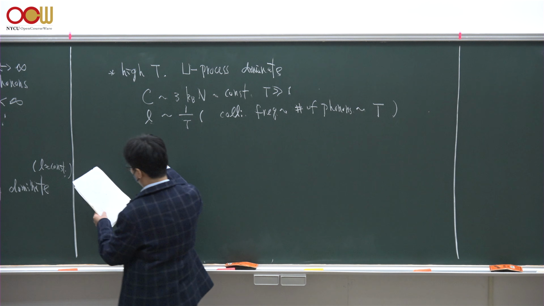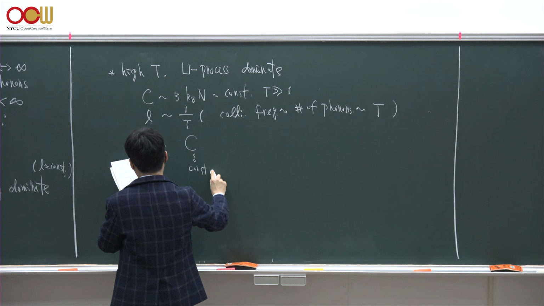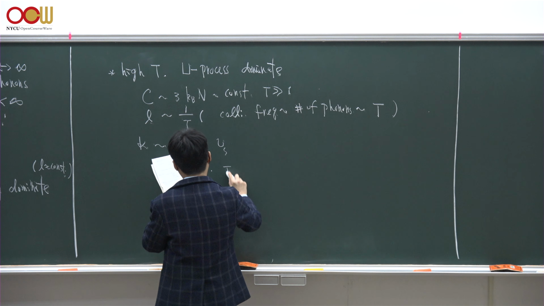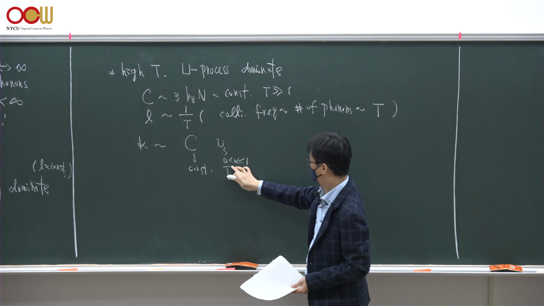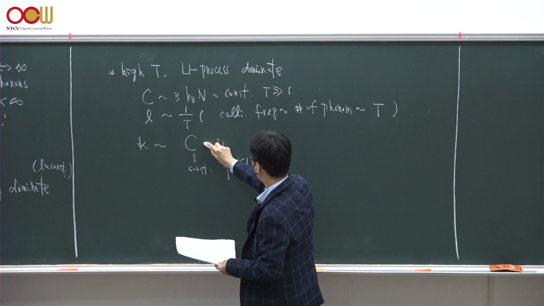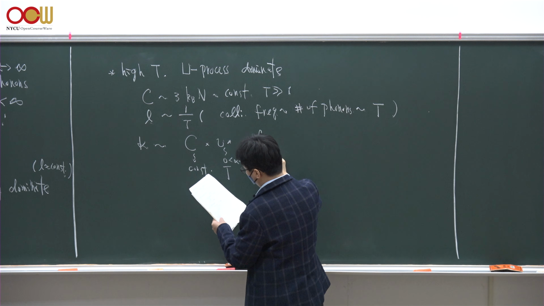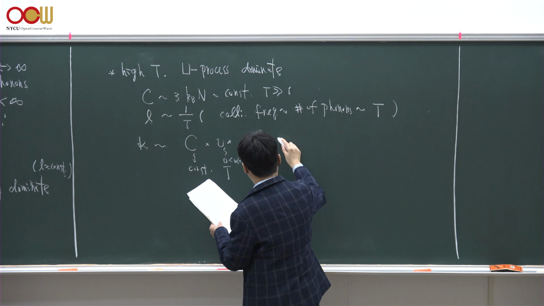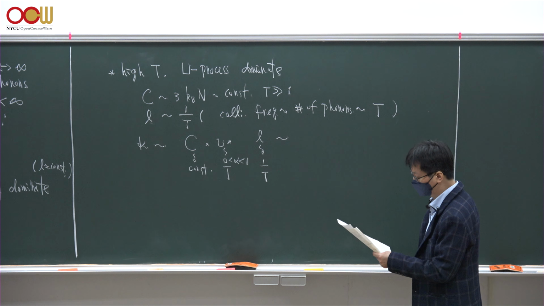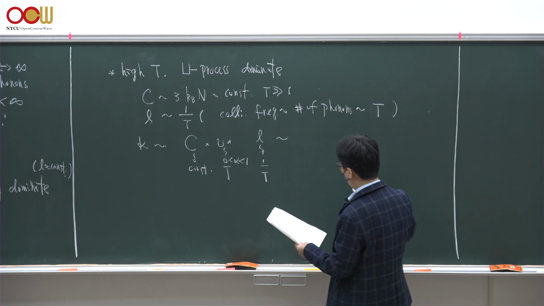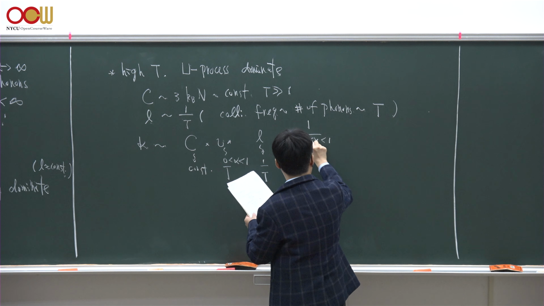In this limit, kappa is proportional to capital C, which is a constant, and the velocity, which goes as temperature to some power between 0 and 1, and the mean free path, which is 1 over T behavior. So if you multiply these three factors and collect only the temperature dependence, you get 1 over temperature to the power of x, where x is somewhere between 0 and 1.